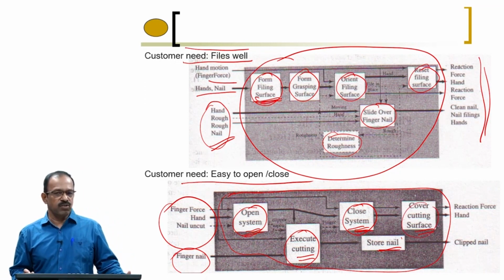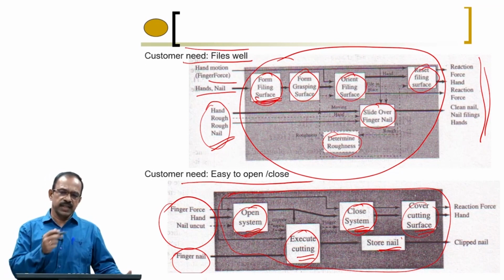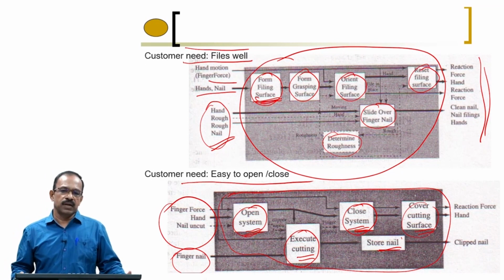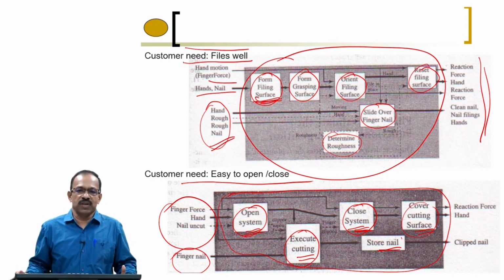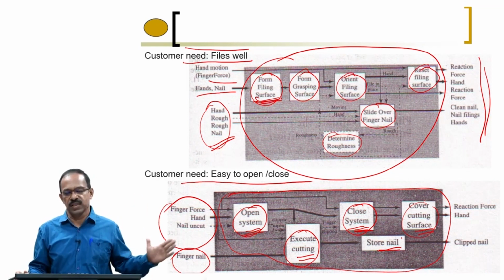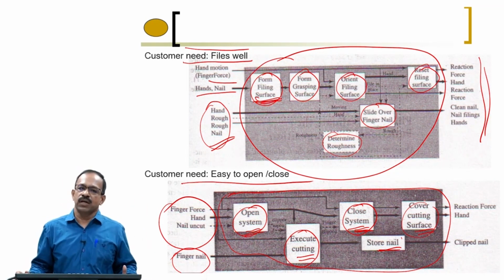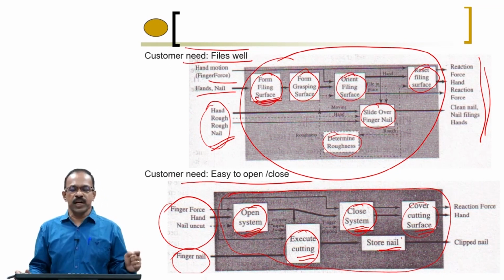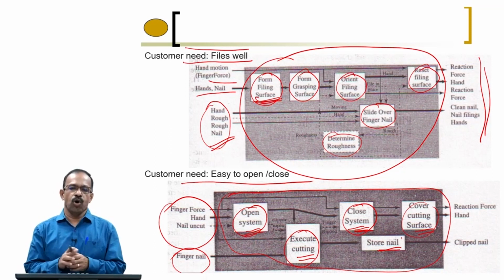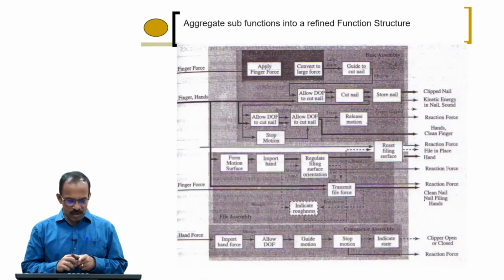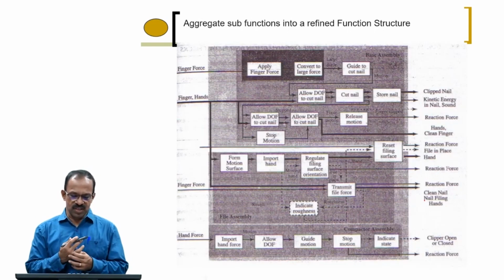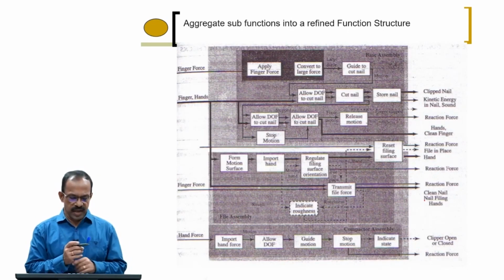This way you can take individual requirements, identify the functions needed, and finally combine all these to get the total functional decomposition also. So, these are the two ways in which you can do it. Either you start with all the flows and decompose them together, or you take individual requirements, see what functions are involved, and then combine them to get the overall functional decomposition of the product.